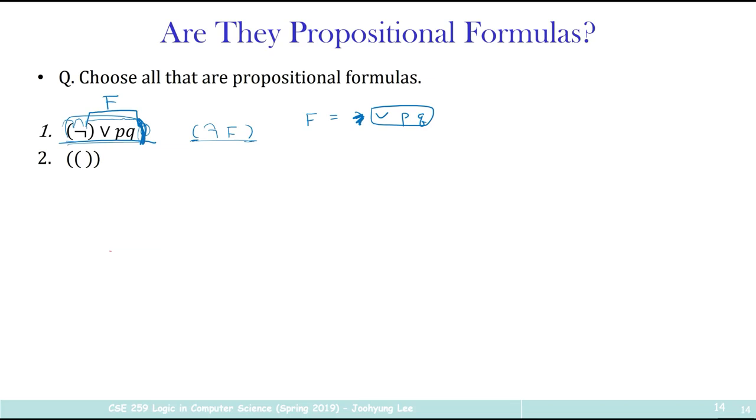Can it be generated by the first clause, second clause, third clause, fourth clause? That's how you write the program to compute. But since you're human, you don't need to do that. Let's just use intuition for now.